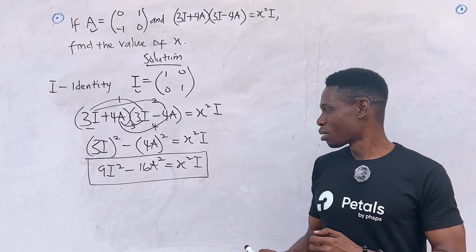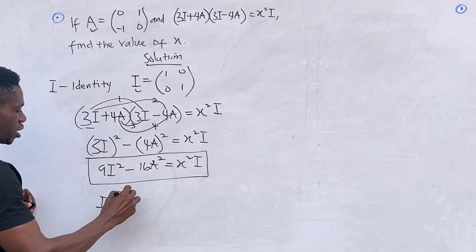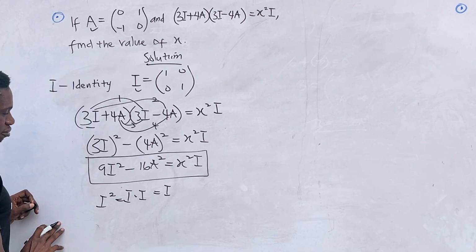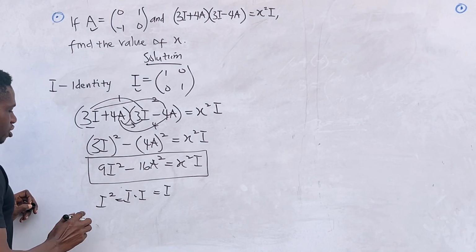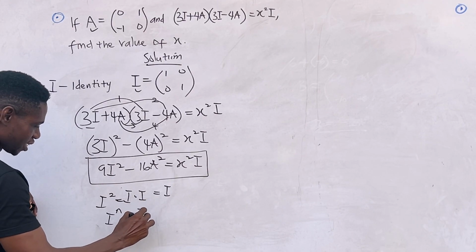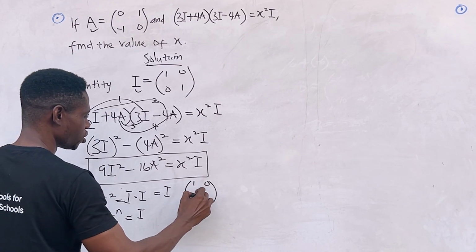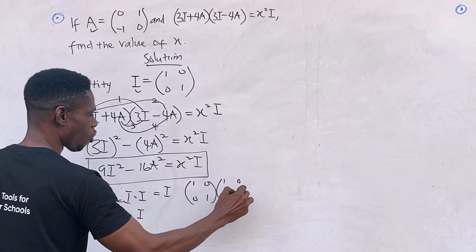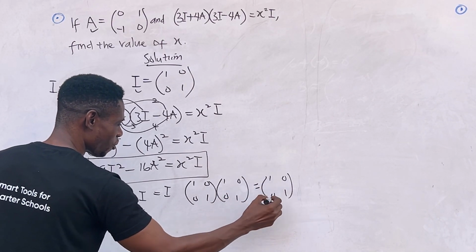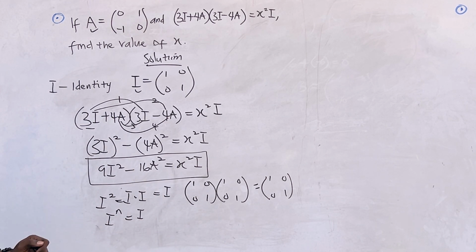If you get the cube, so what I'm saying is this: if you have I squared, which is I times I, the answer is still an I. So I to any positive power, the answer is still I. What we're saying is that if you multiply 1, 0, 0, 1 by another 1, 0, 0, 1, the answer will be 1, 0, 0, 1. So that's a standard rule which I expect you to know.